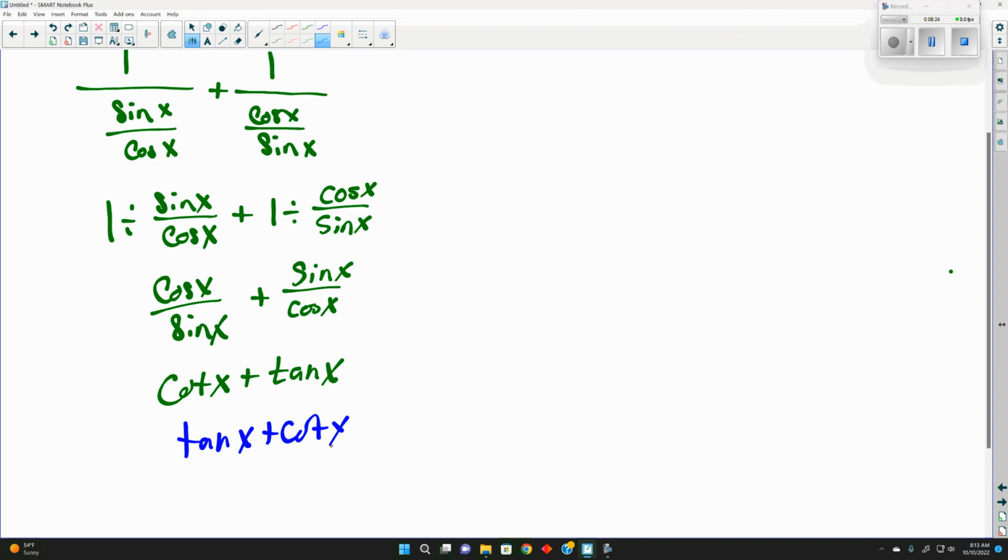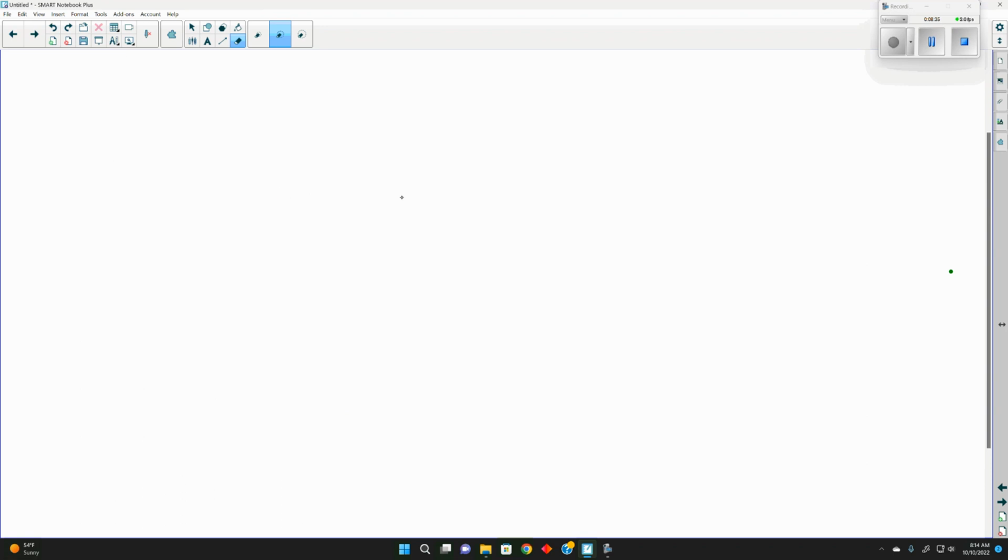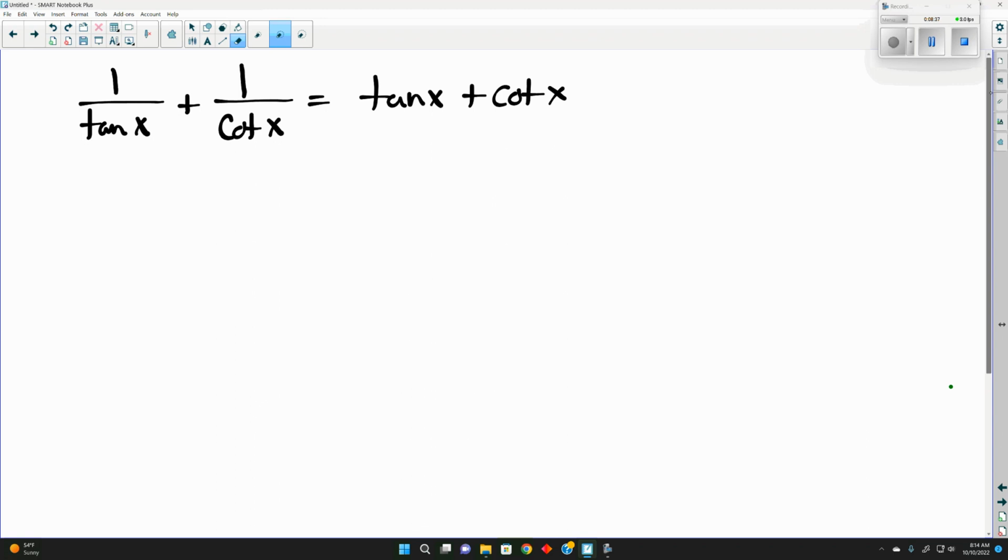Questions on this here? What is cotangent of x reciprocal function? Cotangent, yes, because tangent of x is the same as 1 over cotangent, yes? So what would 1 over tangent be?